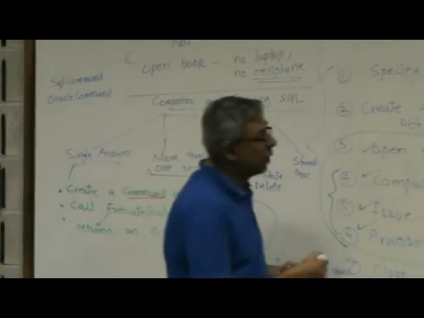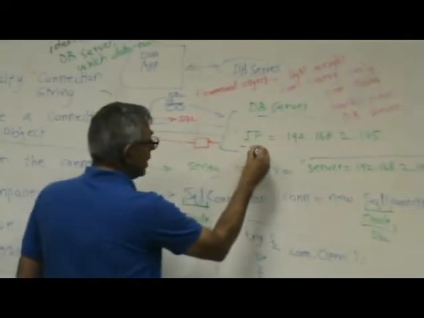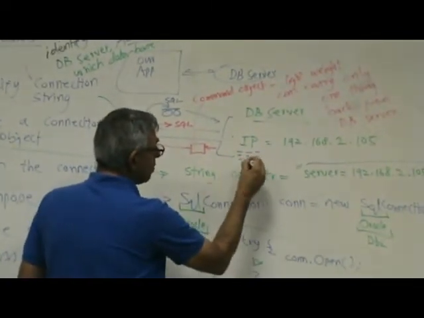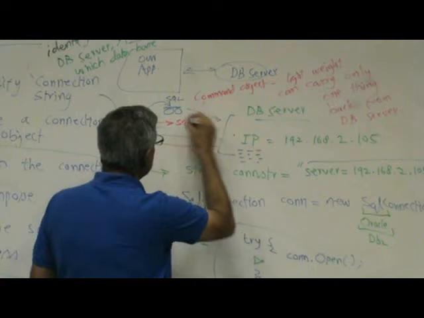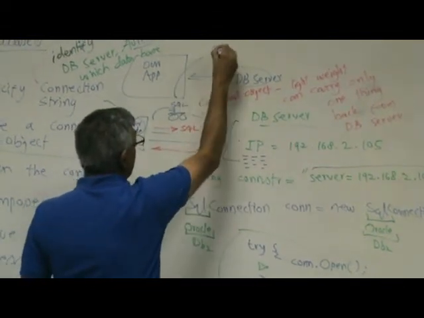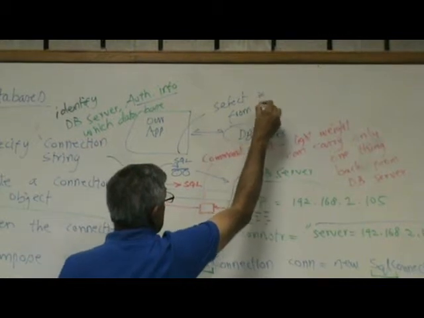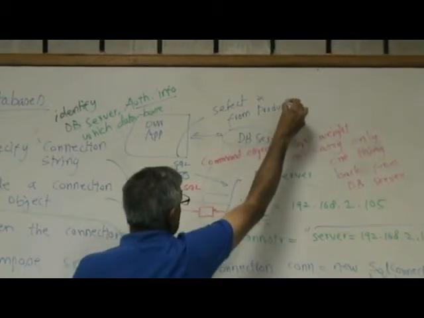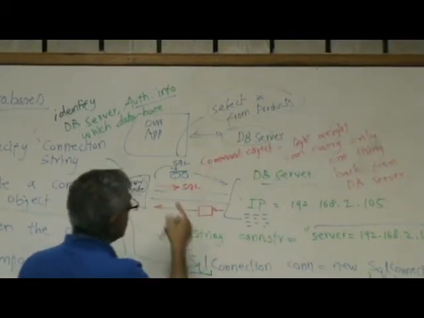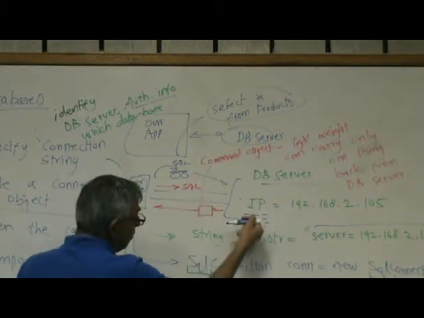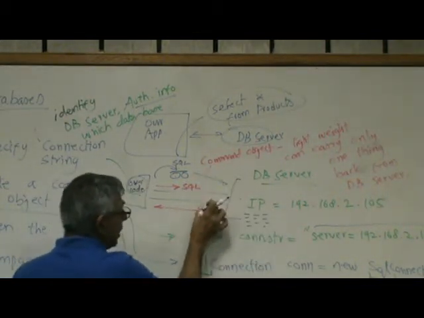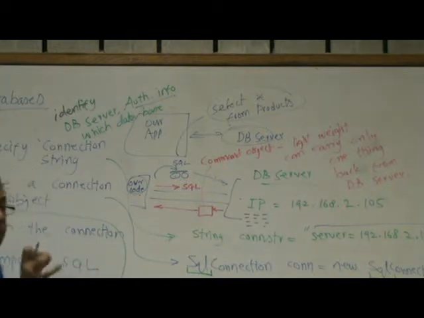Okay, so on the way back, even if the SQL says give me many rows, many columns, suppose the SQL we sent over here was select star from products, because the command object is very lightweight, it doesn't have the storage capability to bring back too many things.